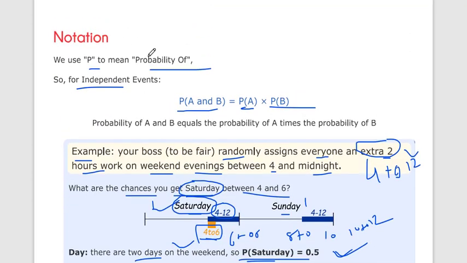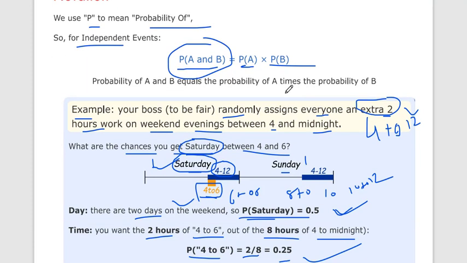The short notation is P of A and B is equal to P of A multiplied by P of B. Then we discussed an example of Saturday and Sunday with an extra 2 hours between 4 and midnight.